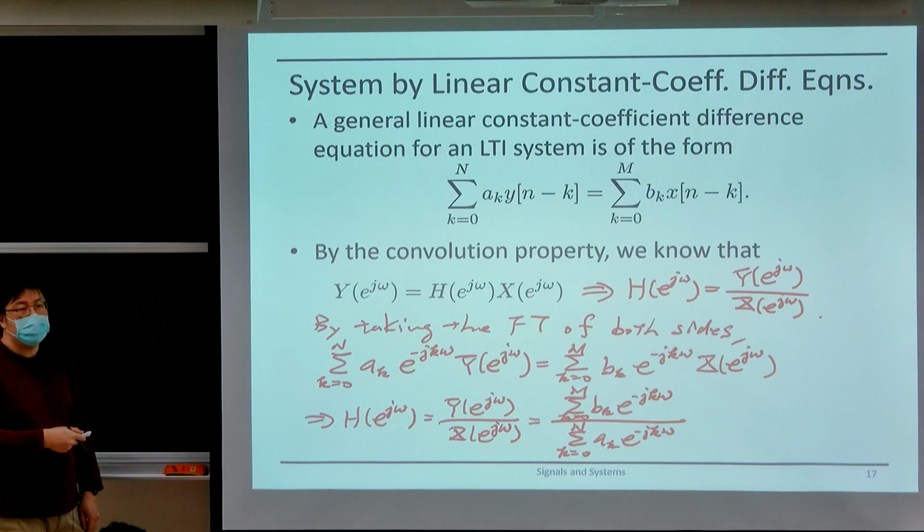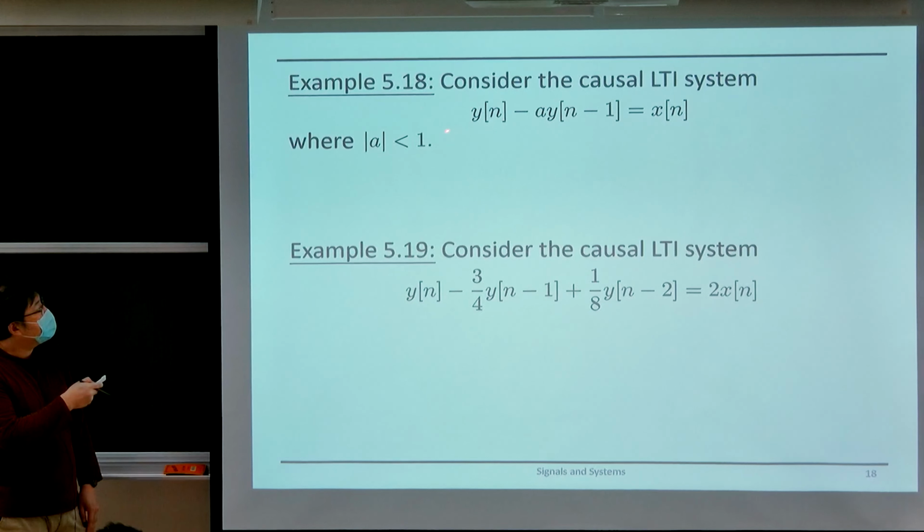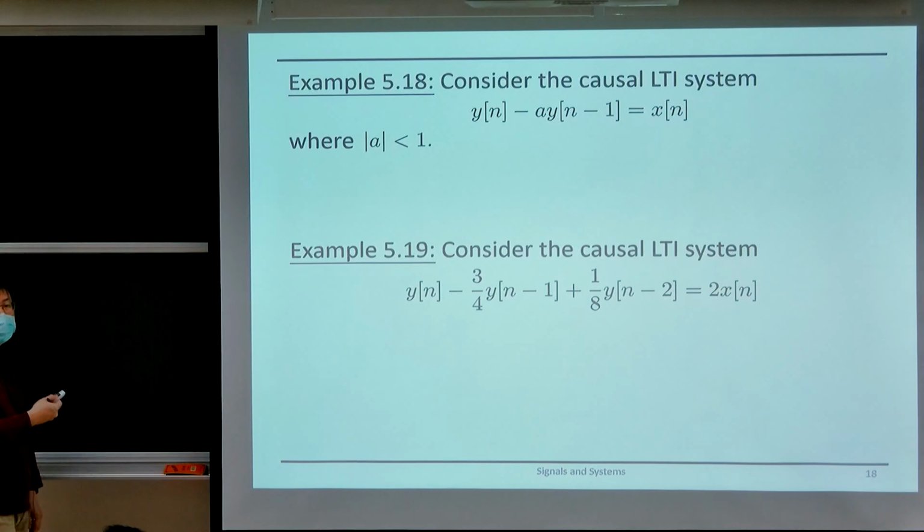So I wouldn't recommend memorizing this formula, but instead, to make sure that you're correct, I would do this derivation from the equation directly, because it doesn't really take you any time.